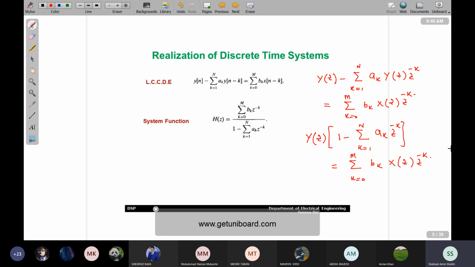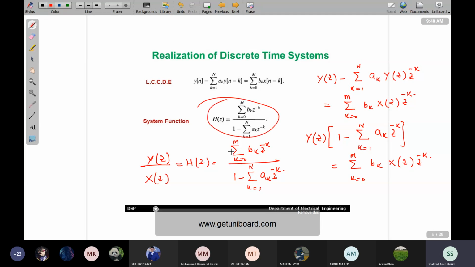And now we can bring this x of z out, and then we can write y of z over x of z, which is nothing but h of z, and that's equal to summation k is equal to 0 to m bk z minus k divided by 1 minus summation k is equal to 1 to n ak z minus k, which is this thing.